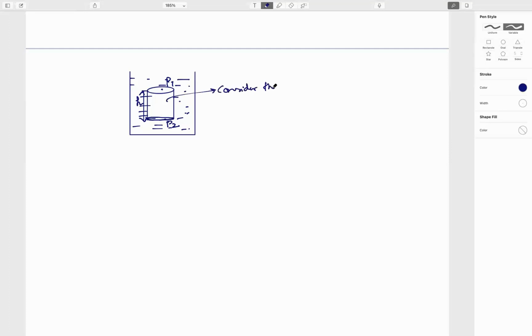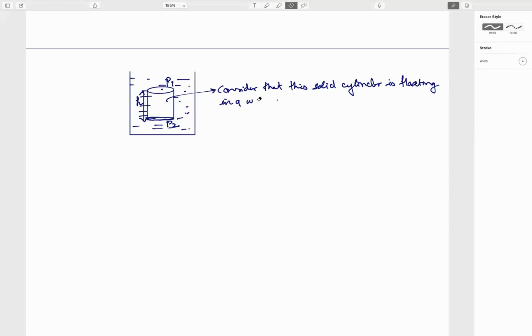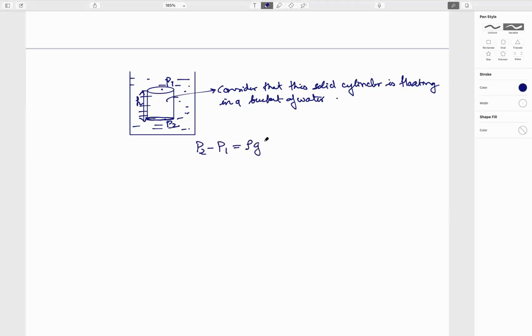Consider that this solid cylinder is floating in a bucket of water. By pressure, we know that P2 minus P1 is nothing but rho g h.